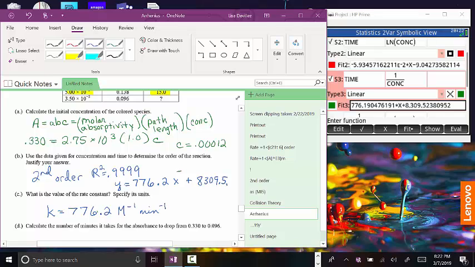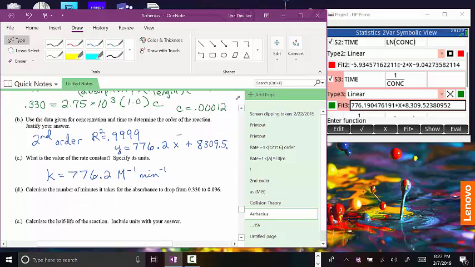So then here it says calculate the number of minutes it takes for the absorbance to drop from 0.330 to 0.096. So this is my t equals 0, right? So this is t. Remember our second order plot, y is 1 over concentration, x is time.